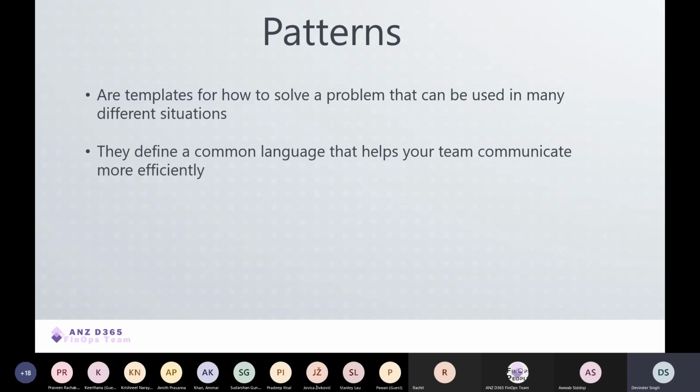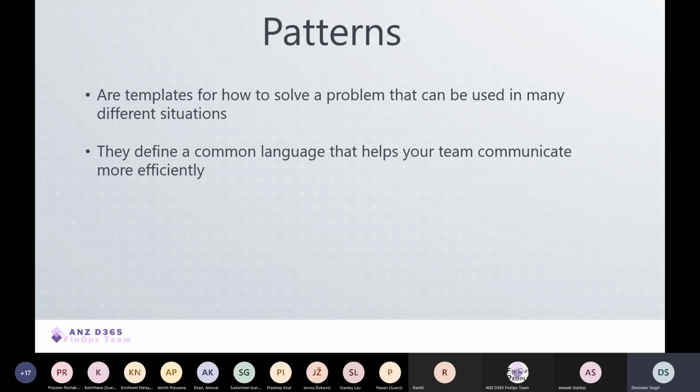If you are following a particular pattern, then inherently you are following some of the best practices that have been researched over the last couple of years. It also defines a common language that you and your teammates can use to communicate more efficiently.